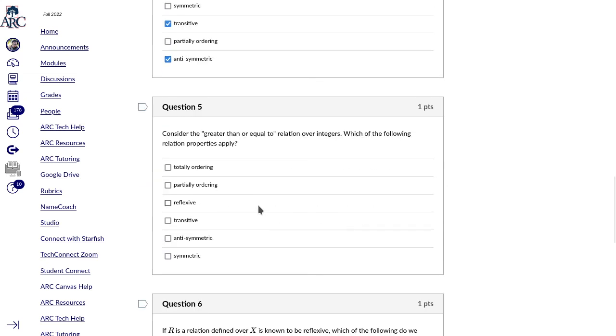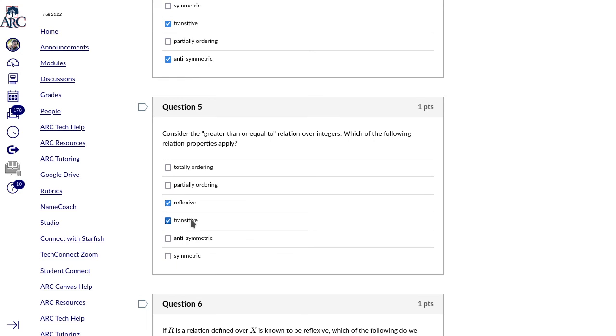Question number 5. Consider the greater than or equal to relation over integers. This one, check every box. Because, let's look at it. If I give you this relation, greater than or equal to, is it reflexive? Is a value greater than or equal to itself? Is it transitive? If A is greater than or equal to B and B is greater than or equal to C, does that imply A is greater than or equal to C?